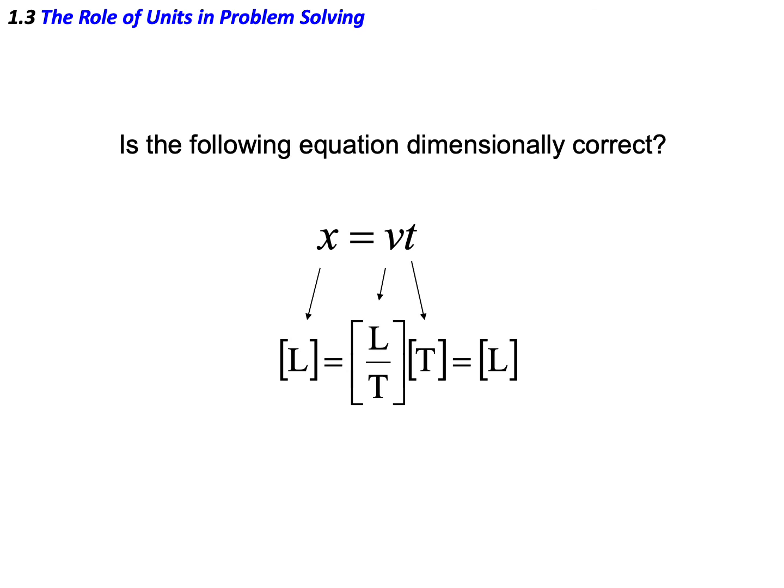Okay, so the next subtopic is the role of units in problem solving. The following equation, x equals v times t, is it dimensionally correct? What this means is, if you have an equation, whatever the units on the left side need to match the units on the right side.